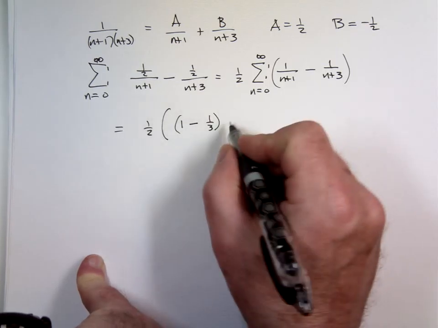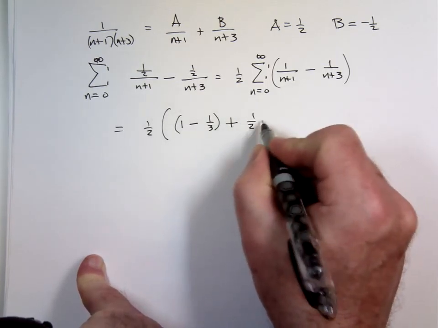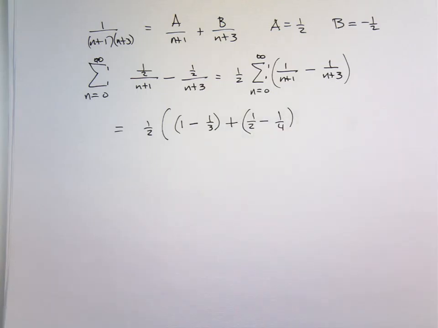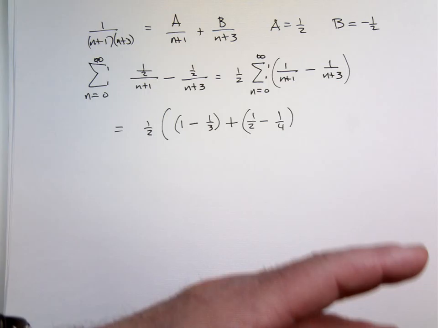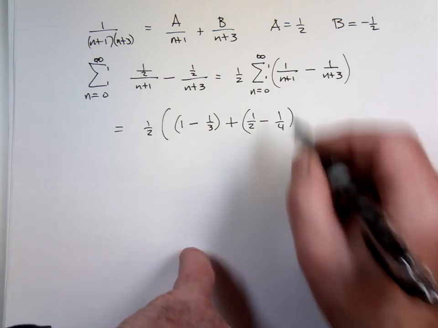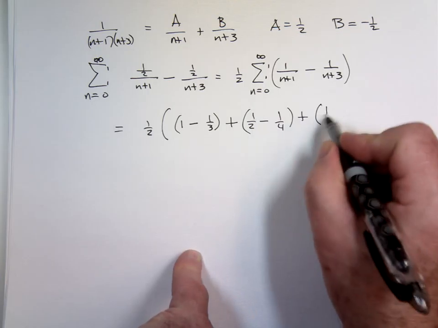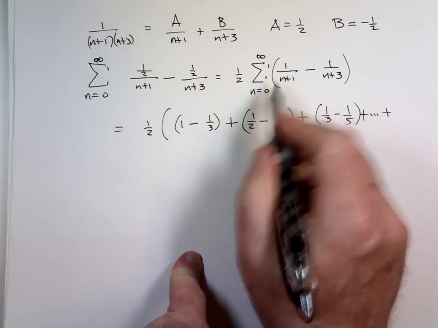Plus, when n is 1, we get 1/2 minus 1/4. That's 1/4, and times the 1/2 gives us the 1/8 that we had before. We're generating the same terms, but in a slightly different form. When it's 2, we get 1/3 minus 1/5, etc. And we're going to keep on going here.